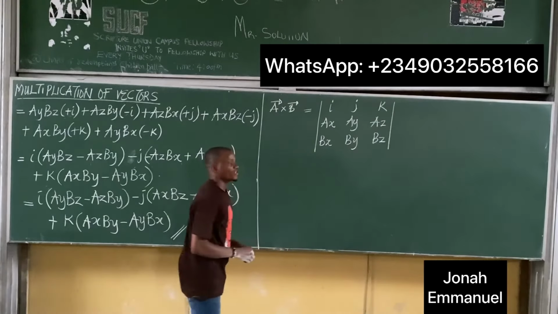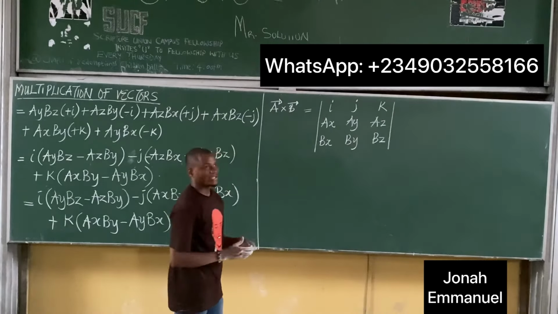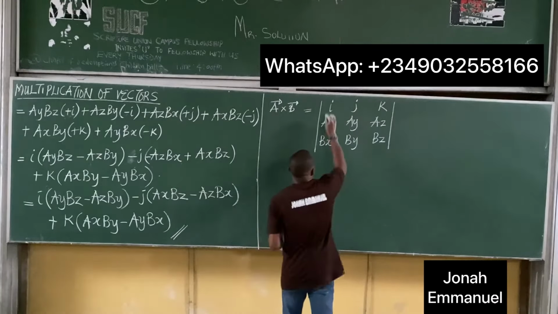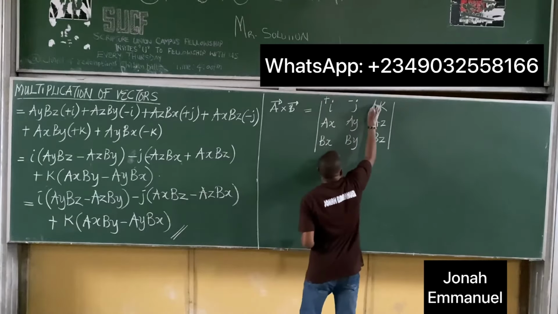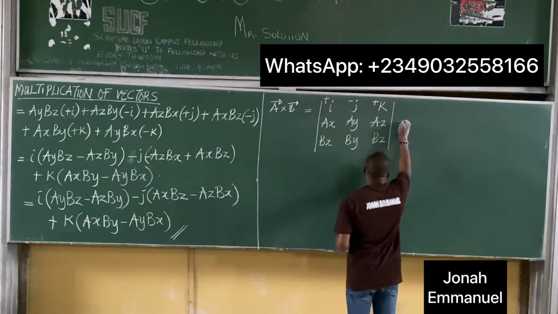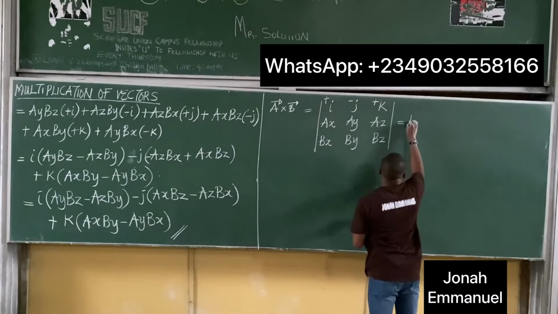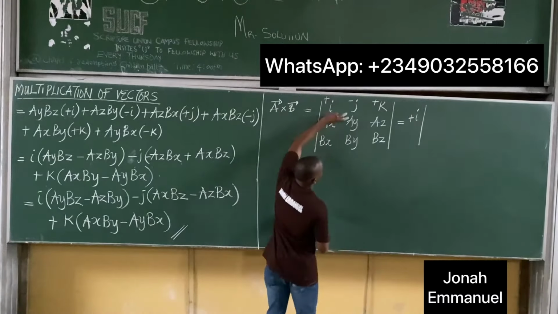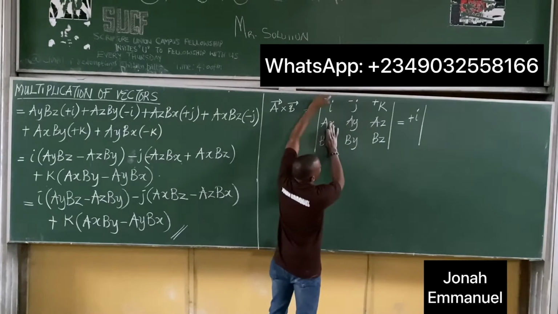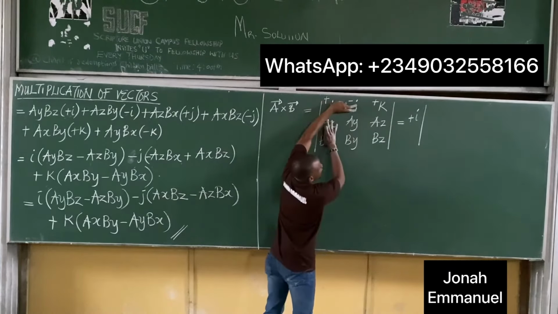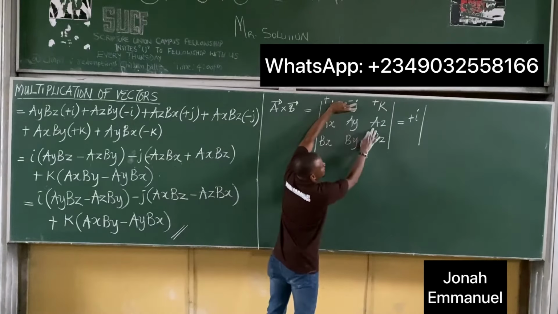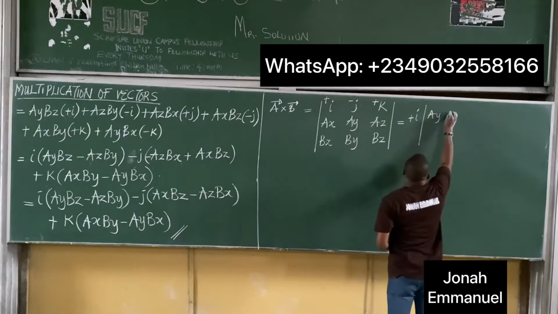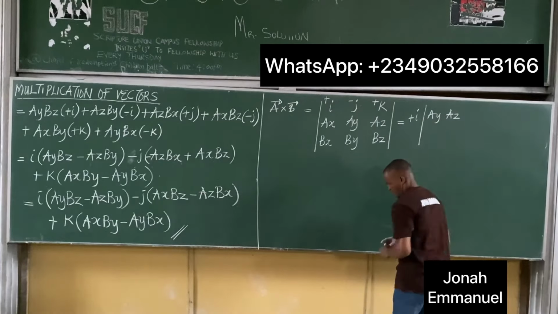Of course, this looks like a 3 by 3 matrix. I will use the idea of the determinant of the matrix, which is said to be what? Plus, minus, plus. So that's equal to plus i into, so for i, you cover the row here and the column. For i, cover here, row, and cover here. It gives you AY, AZ, BY, BZ.